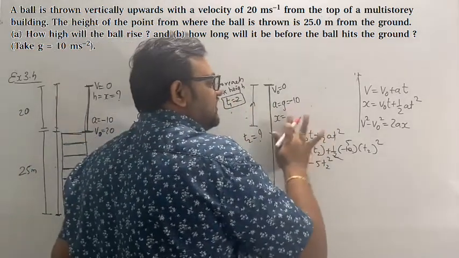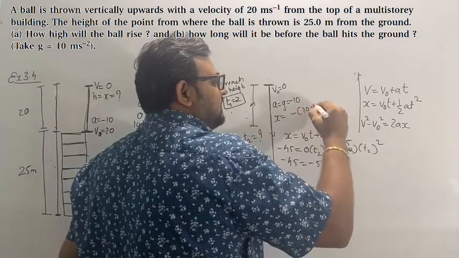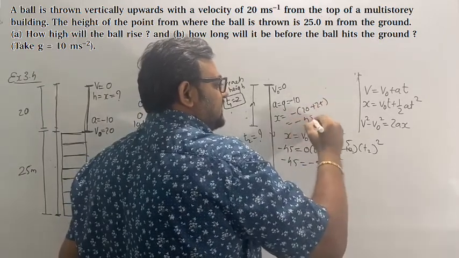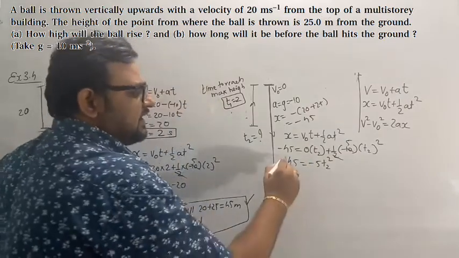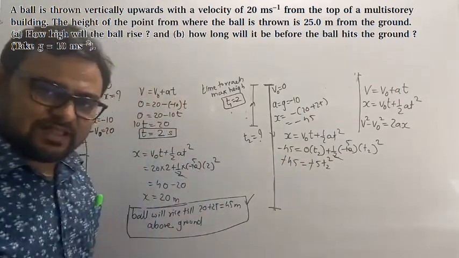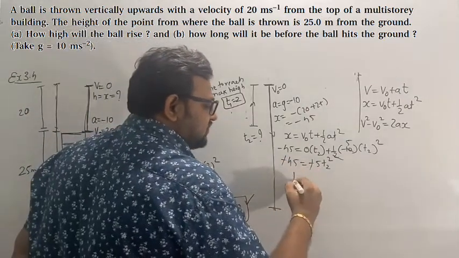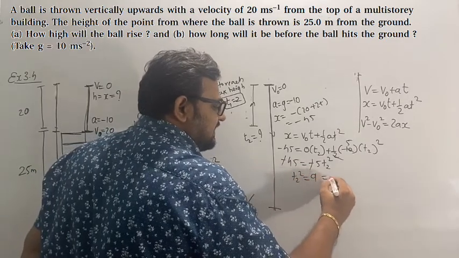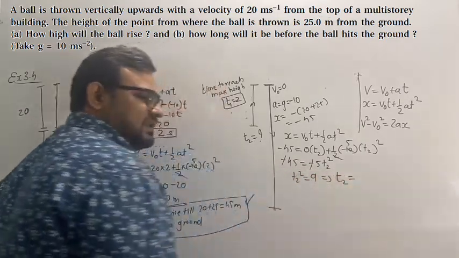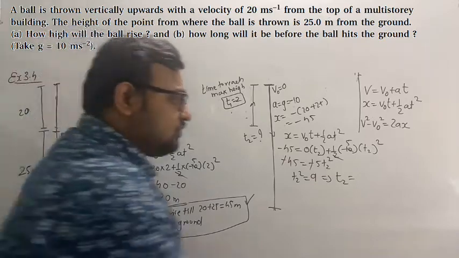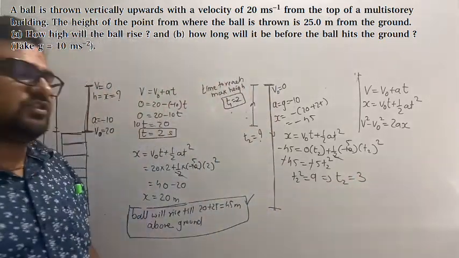Okay, let me change it here. Minus 45 equals minus 5 t2 square. So minus 45, minus, minus gets cancelled. 5 ones are 5, 5 nines are 45. So t2 square equal to 9. That implies t2 equal to plus minus 3. But time cannot be negative, so t2 is equal to 3.